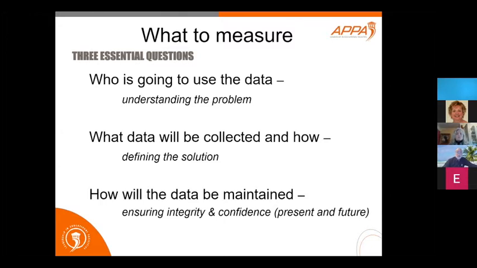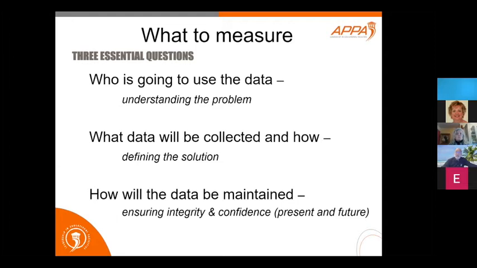The second one is, what data will be collected and how? The FPI specifies specific data that is gathered and collected, and it helps us define our solution. And then lastly, how will the data be maintained? With the FPI, APPA maintains the data.